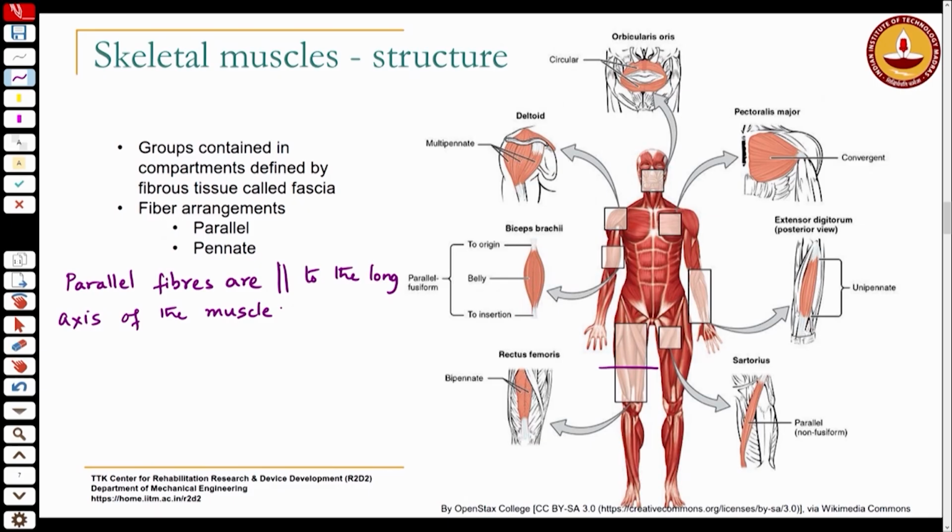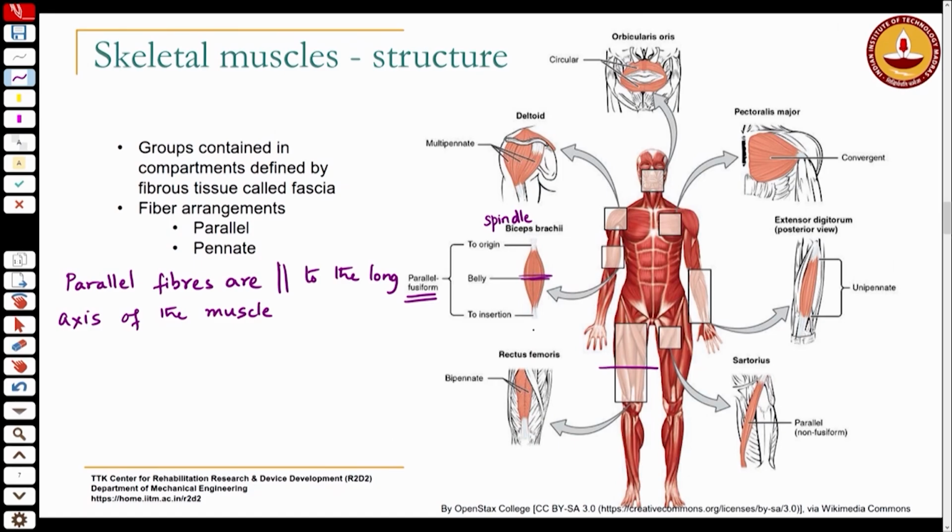In the parallel type of muscle, you have various kinds, various shapes that you could have. You could have the fusiform type, where it is like a spindle. You have a pronounced belly of this muscle, the middle of the muscle is bulging, shaped like a spindle, but all the fibers are parallel.